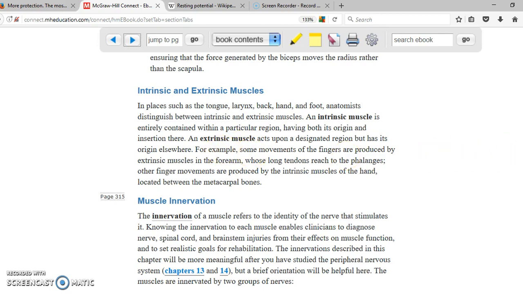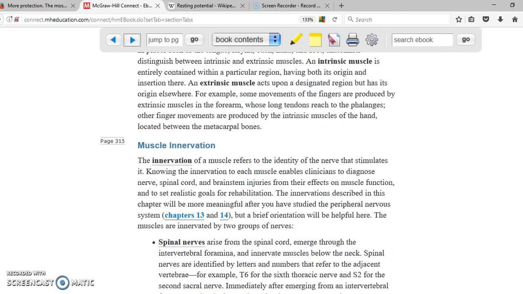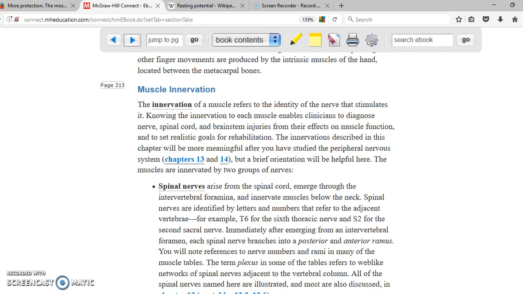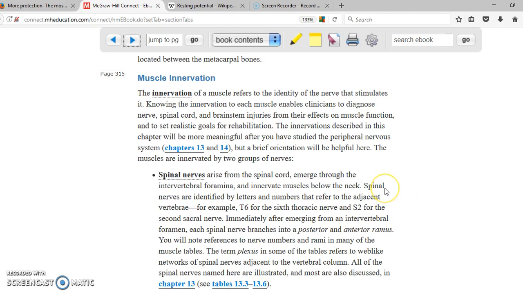Okay, now a very important concept we need to understand is muscle innervation. Muscle innervation basically talks about the fact that you need a nerve in order to move a muscle. Most of the time when you see people that are paralyzed, right, that they can't move their legs, they're in a wheelchair, is the problem in the muscles or is the problem somewhere else? Obviously, your answer is going to be somewhere else, in the nerves, because unless your nerve works together with your muscle, it will never move.